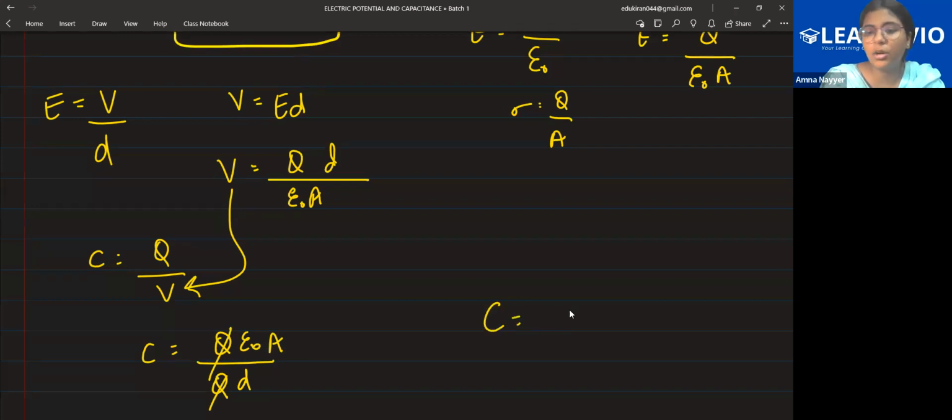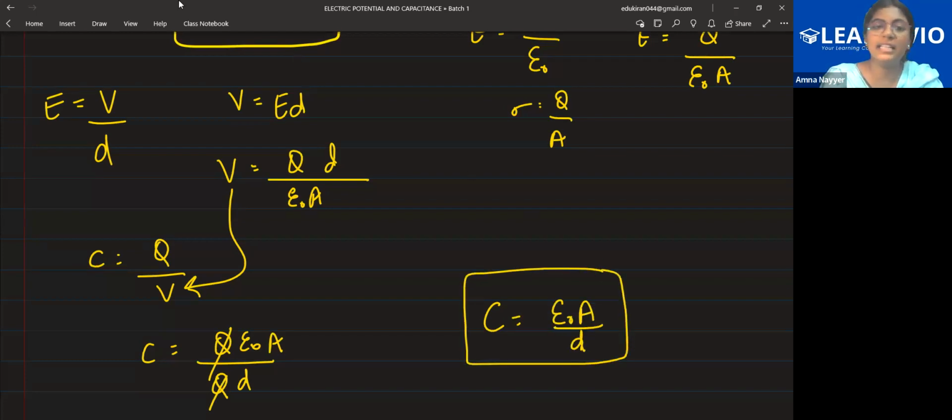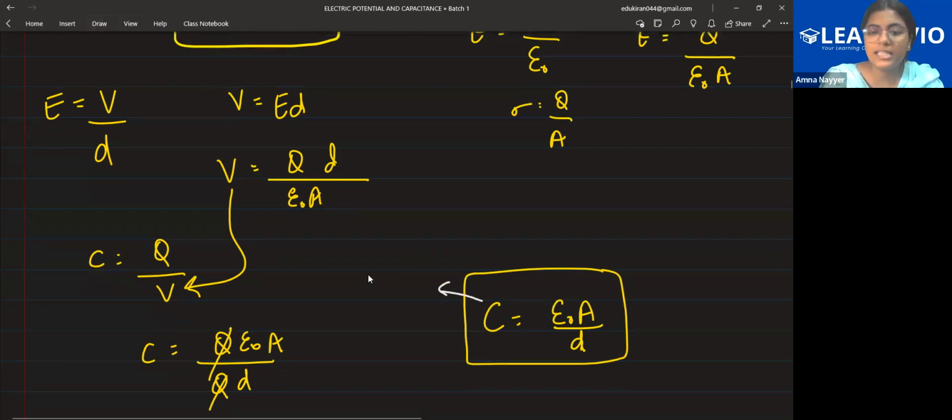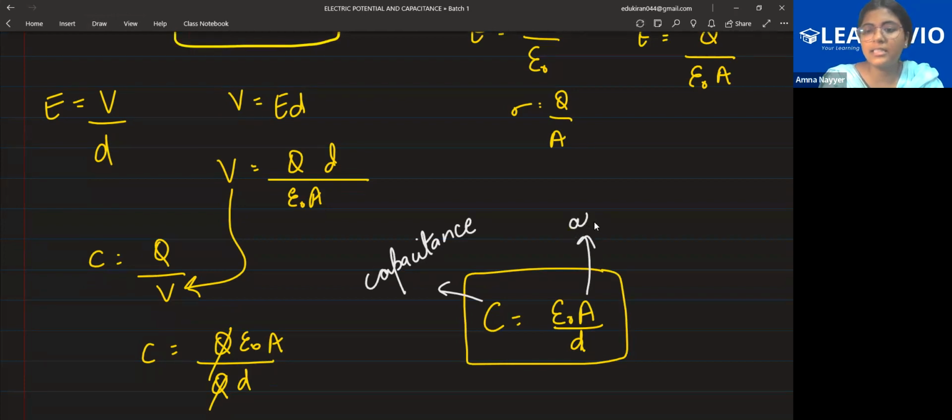That's the formula of capacitance when the two plates have air between them: C equals epsilon naught A by D. What is C? C is the capacitance. A is the area. D is the separation.